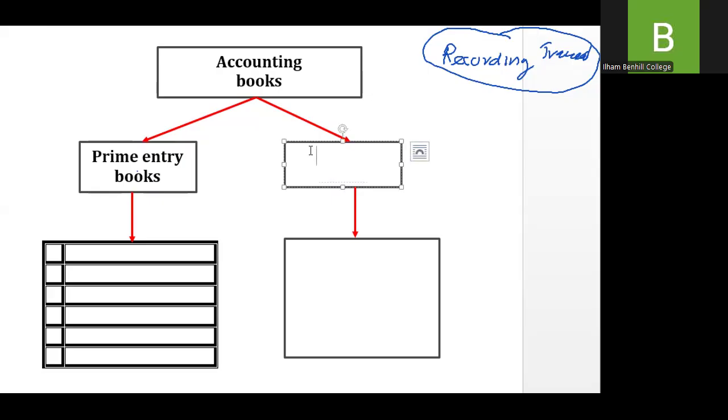We have two types of accounting books. The other one is ledger books. You might have heard these words, ledger or ledgers. So in accounting, to record transactions, we have mainly two types of books. So we call them accounting books.